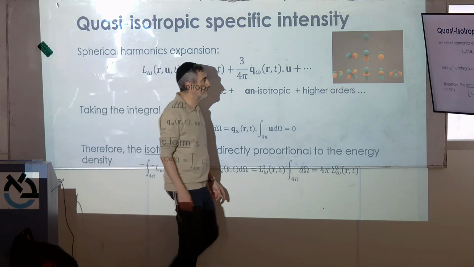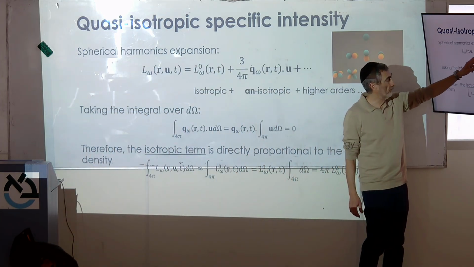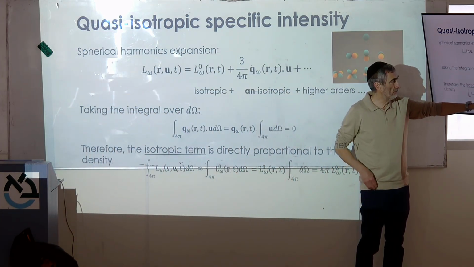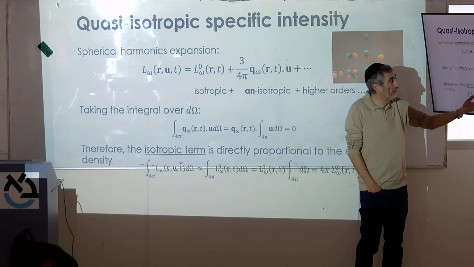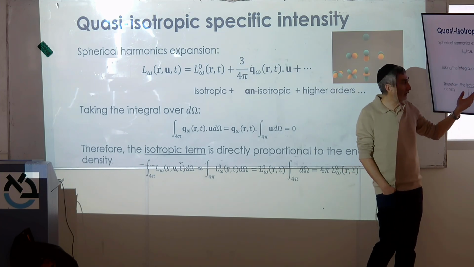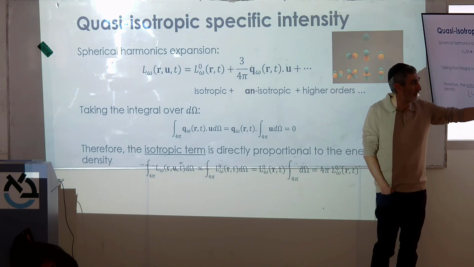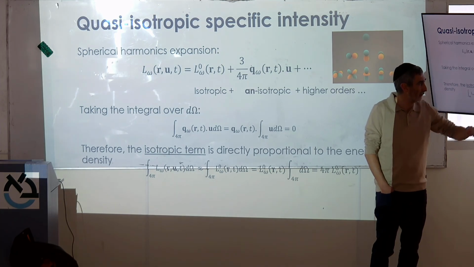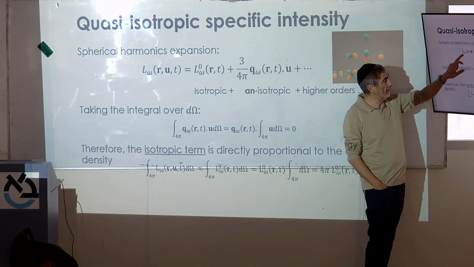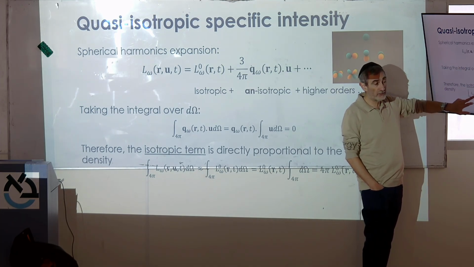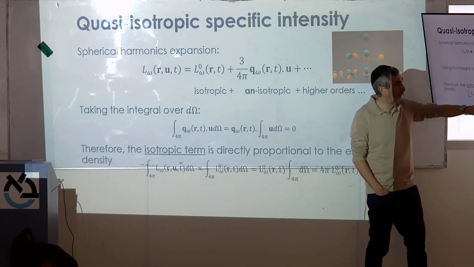If you integrate this term, L of omega, d omega, this term is independent of u, so it can be taken out. It's the integral of d omega, which gives 4 pi, so it's 4 pi L0. So the integral of L, which is the energy density, is equal to 4 pi L0.